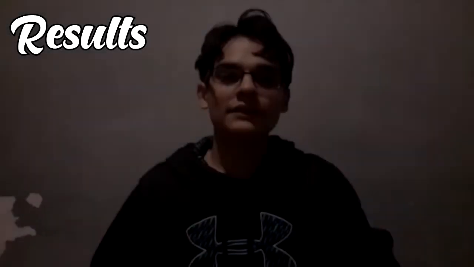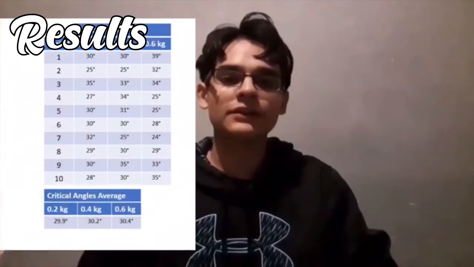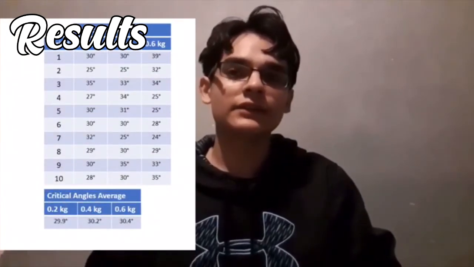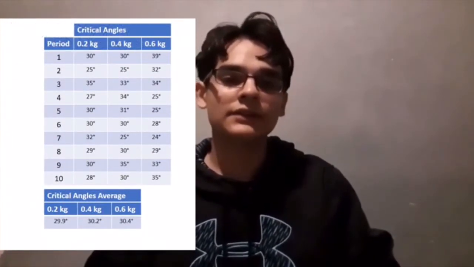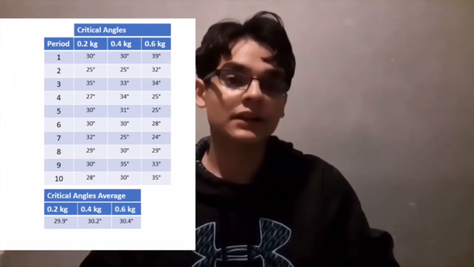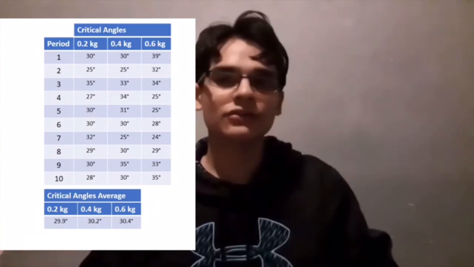In the experiment we get the results that are shown in the table over here, and these are the different critical angles that we get in the different tests made for each one of the masses, and with that we calculate the average critical angle of each one, which is also shown in the table.